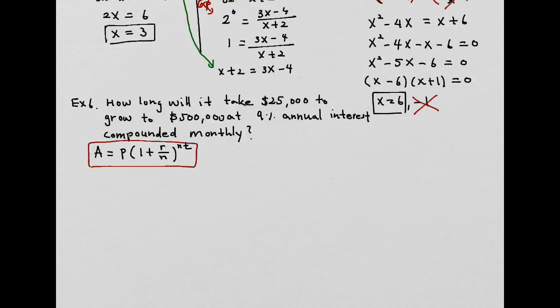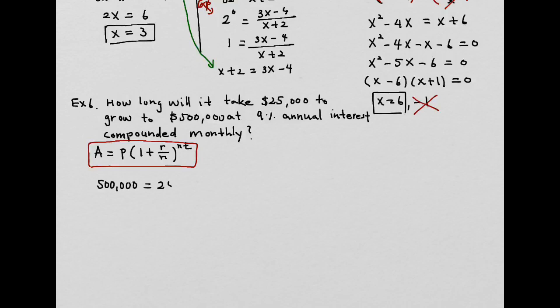So if we replace all that with what's given, how long? Basically what we're looking for is the exponent T, how long it's going to take to make principal 25,000 into 500,000. So let's replace all those values. A, the total amount, becomes 500,000.